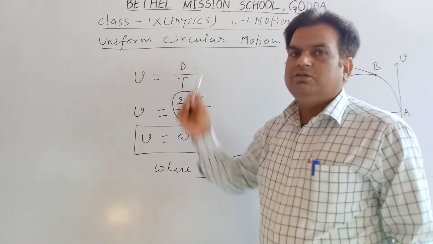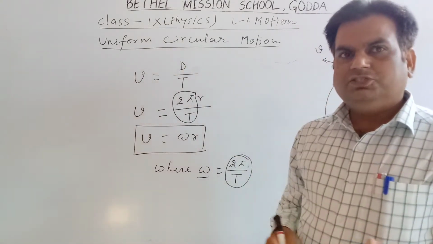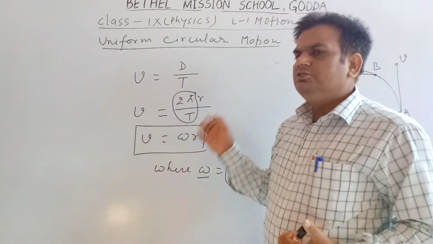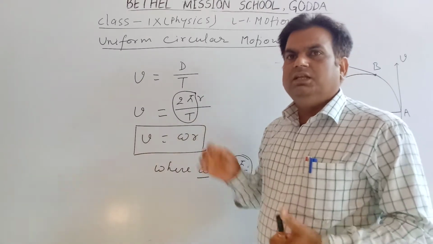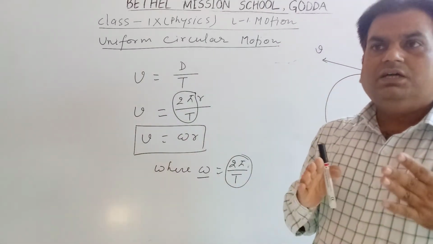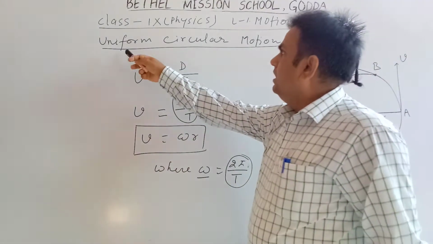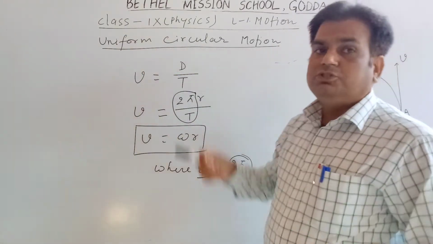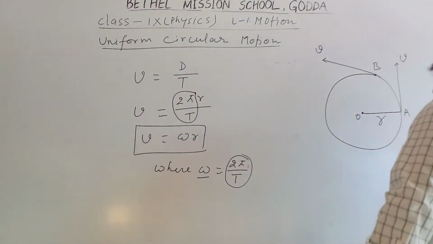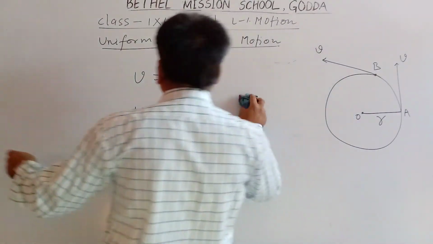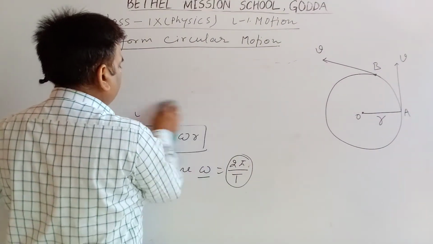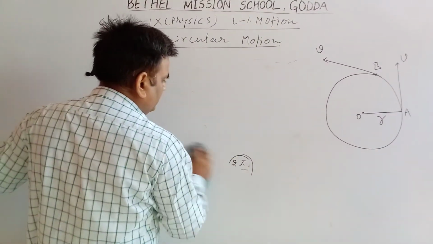Uniform circular motion is the last topic of this chapter, and now we will solve some numericals based on the equations of motion of the chapter. Here I will give some questions, some numericals.